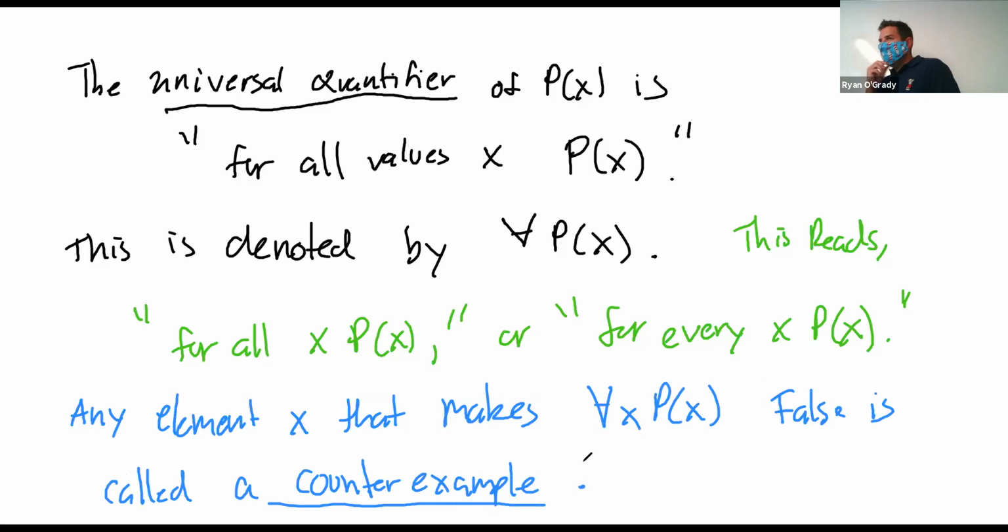This is very important when you think of logic. Going back to the previous example with x squared greater than x: if I tell you that's true for all x and you want to prove me wrong, you don't have to list five things that make it false. You just have to find one. And we call that example a counterexample.